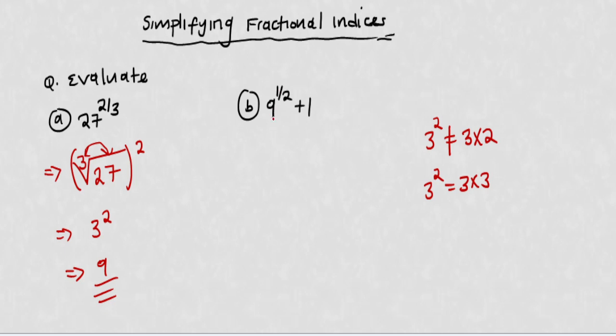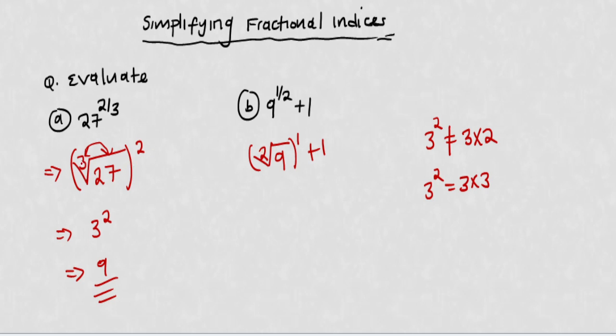So let's look at this other one: 9 to the power 1 over 2. The first thing we do, introduce the root, put the base inside, then the denominator goes there, the numerator becomes the power of the whole thing, then there is a plus 1. Then the square root of 9, because this is square.